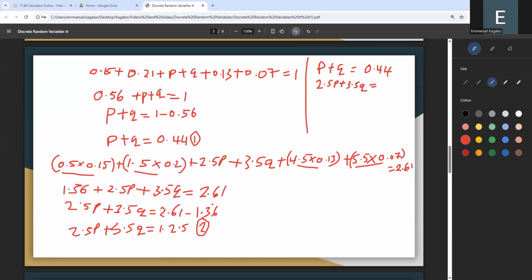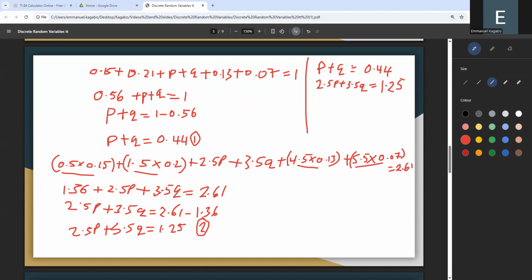Oh, sorry, here I made a mistake, it's supposed to be like this. So equation 1, then in your GDCs, apps 9.